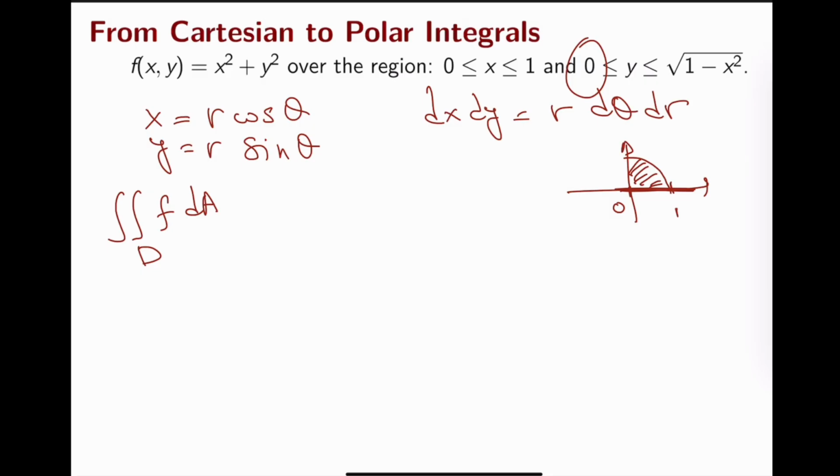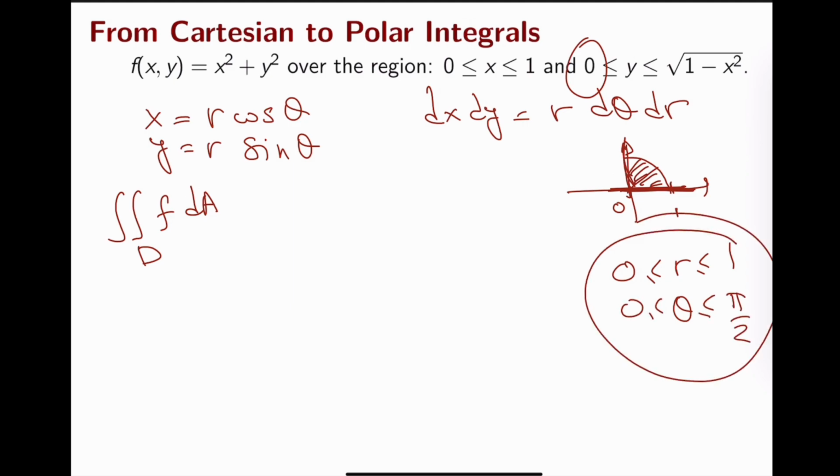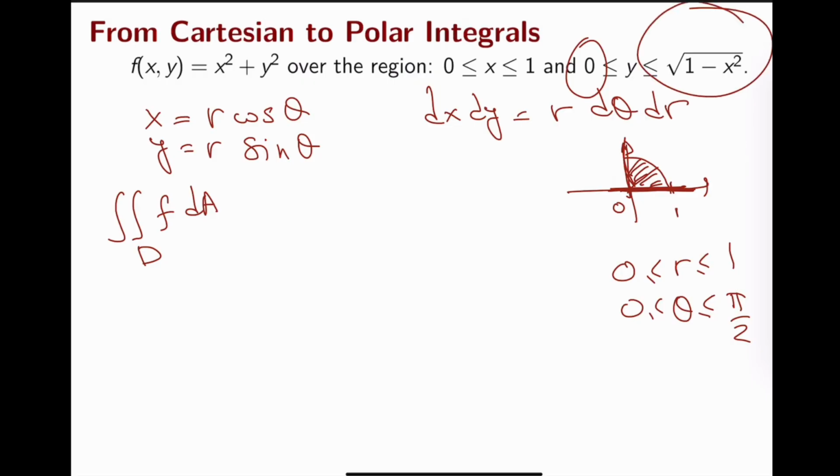So the description of this domain in polars will be that the distance r goes between 0 and 1, and the angle goes between 0 and pi half. So we have a rectangular description of this region in polars that is much simpler than in Cartesian, which was not rectangular.